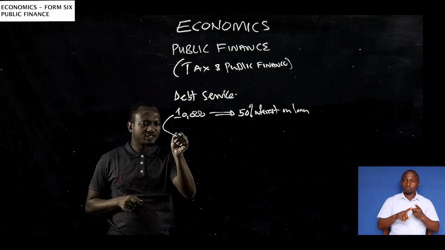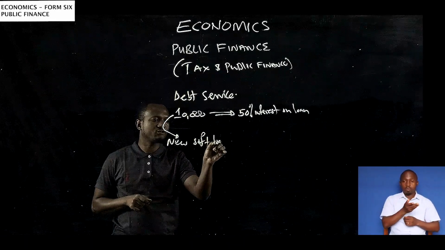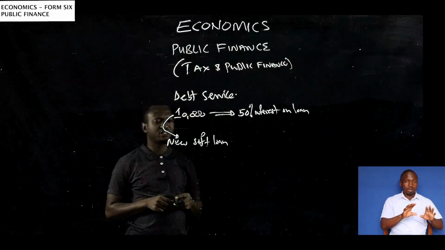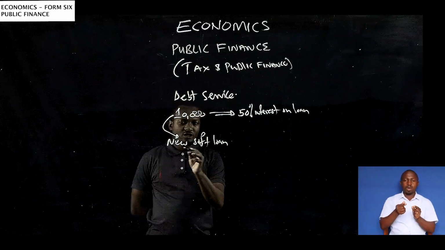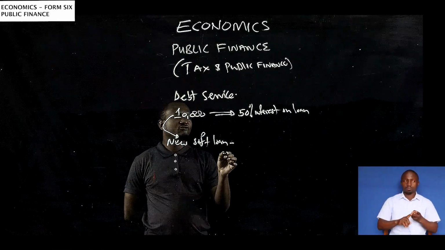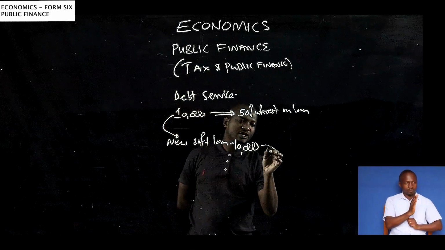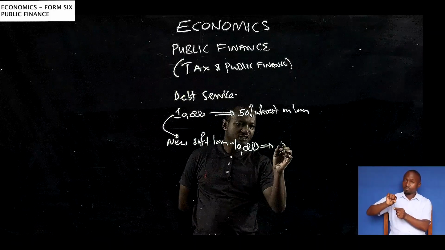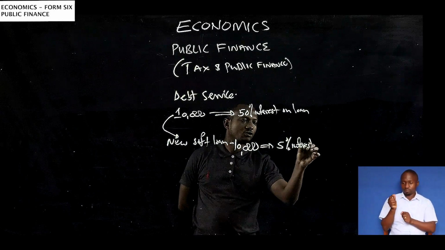And there is a new soft loan. A soft loan means a loan with low interest or no interest. A new soft loan of 10,000, but the rate of interest is 5% on the loan.